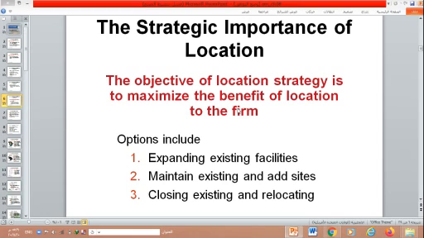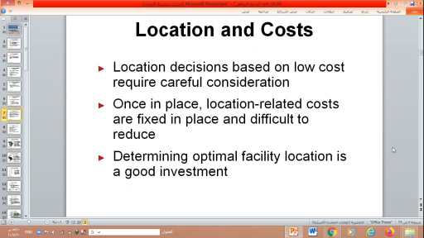Location options may include expanding existing facilities, or maintaining the existing one and adding new sites, or closing the existing one and relocating in different geographic areas.